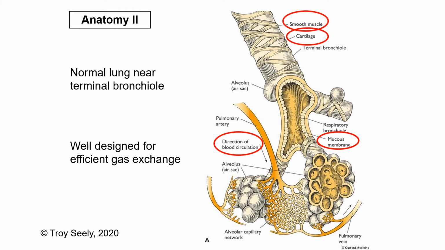So it is deoxygenated blood that's coming to the lungs purposefully to pick up oxygen that's being brought in by the lungs, and that's being done so at these alveolus or air sacs. So we're going from a normal lung near this terminal bronchiole, where we're allowing for ventilation to occur, down into this lower section where we can see that with the use of blood circulation and its connections and the alveolus that are here, this connection is primed and well designed for an efficient gas exchange.